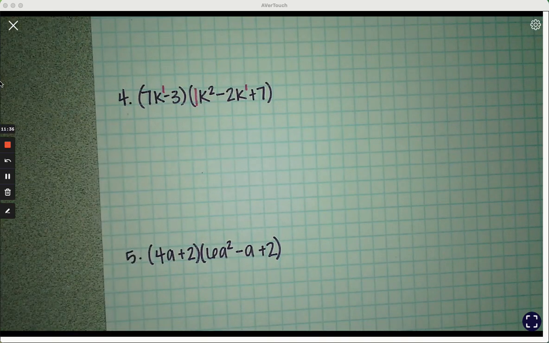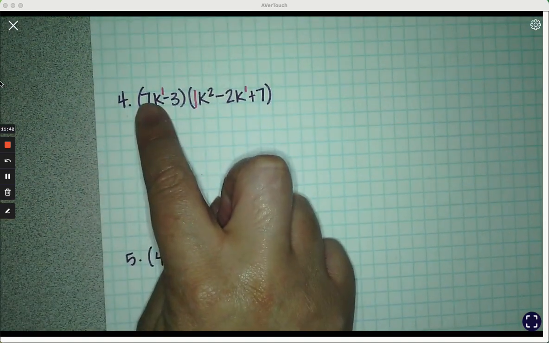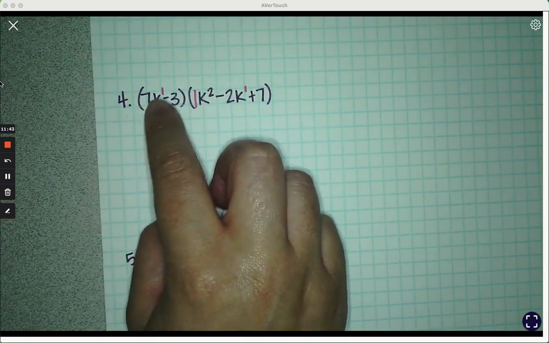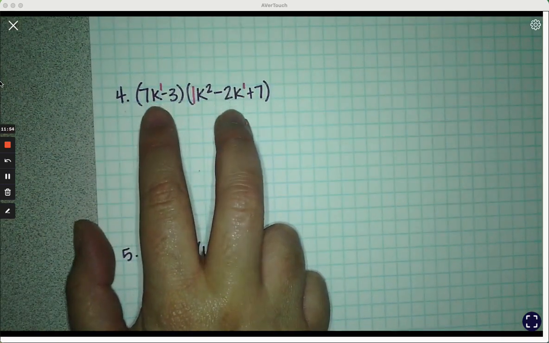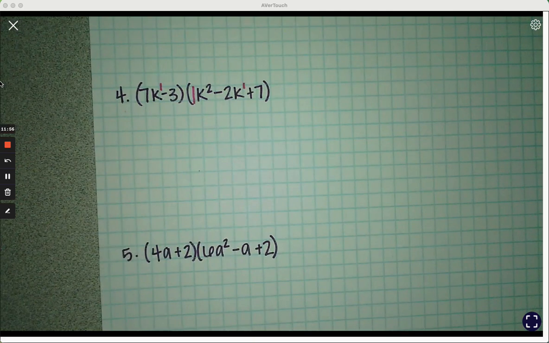One of the ways that people do this is, yes, they distribute from one parenthesis to the next. It just makes it very long, and a lot of people do tend to mess up when they combine like terms. So if you're doing something like this, I highly recommend that you do the box method.